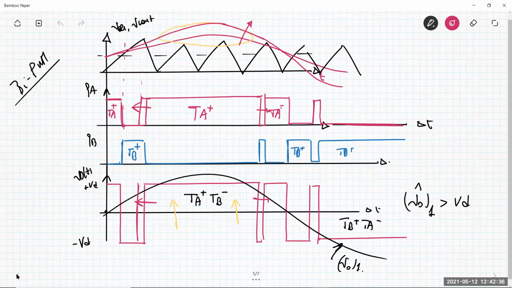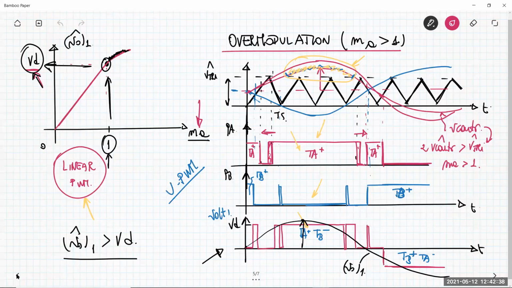So a point is eventually reached in which you have no more comparison between the control voltage and the triangular waveform. For example, if I increase MA up to this point, as you can see, I have basically no comparison at all.